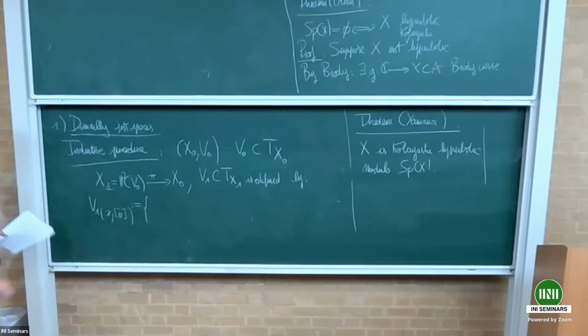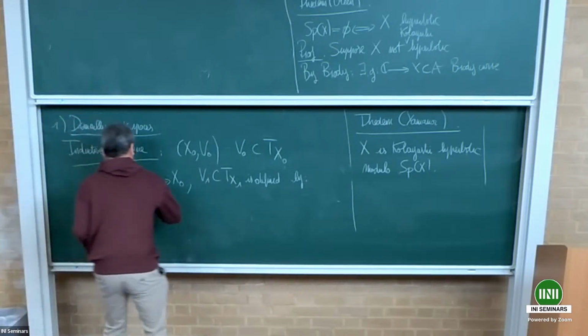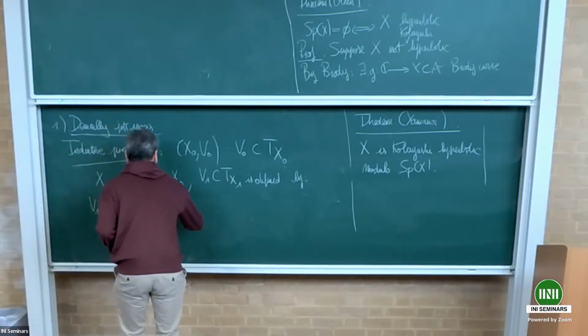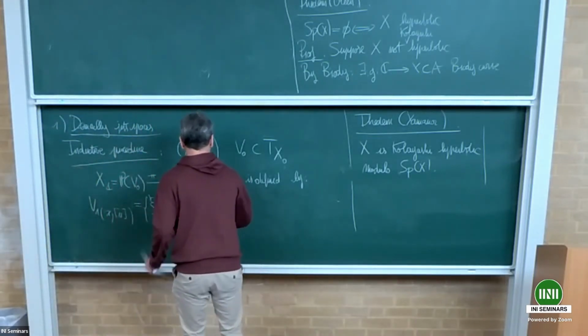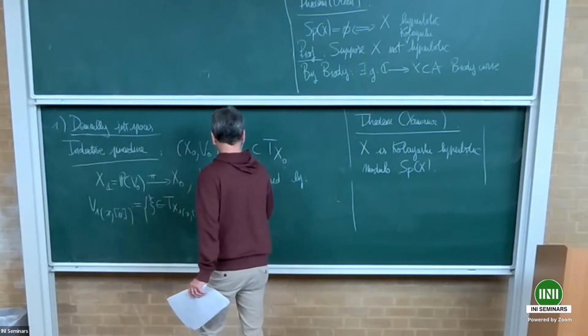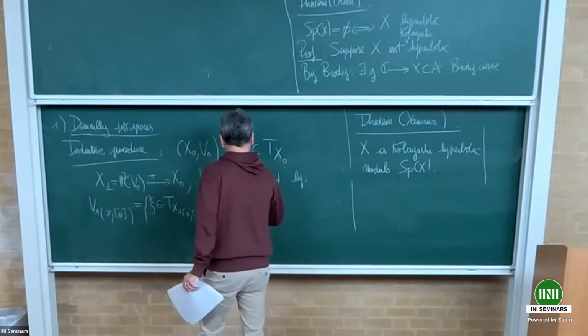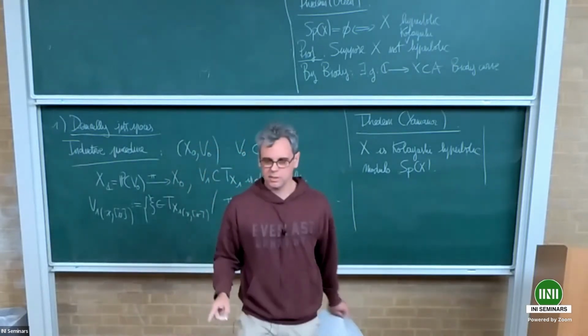And now you will keep vectors here at this point which are sent by the differential of pi to vectors collinear to V.